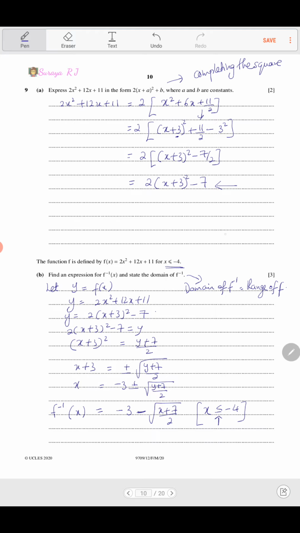So the range of f, if we draw the graph, from the first part, we know that it has a minimum point minus 3, minus 7. So this is the minimum point, minus 3, minus 7.